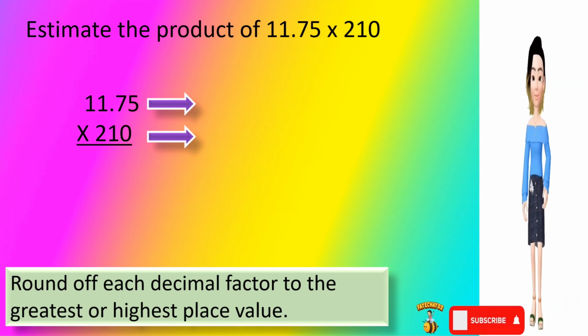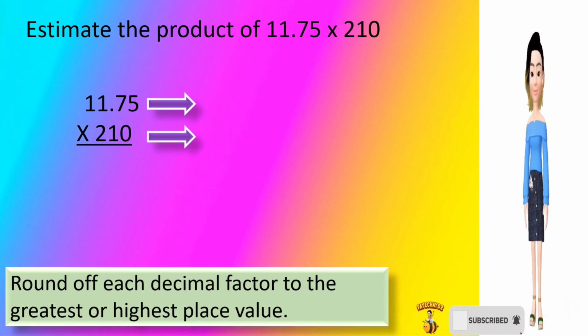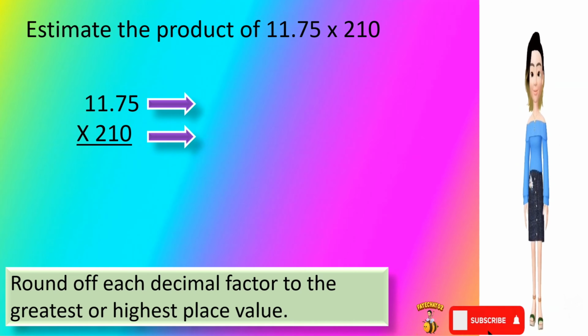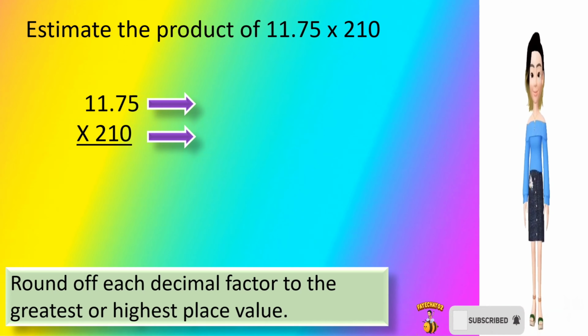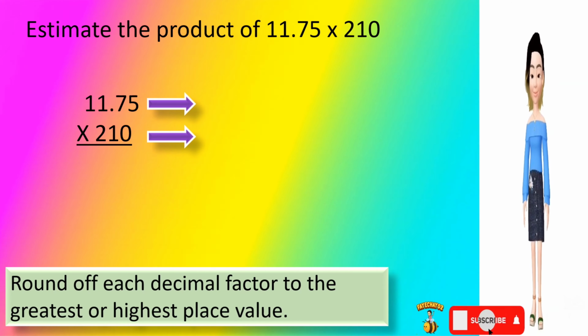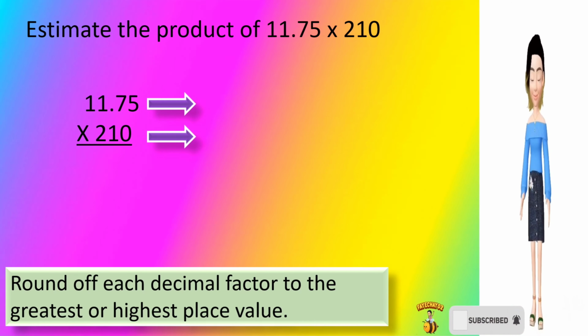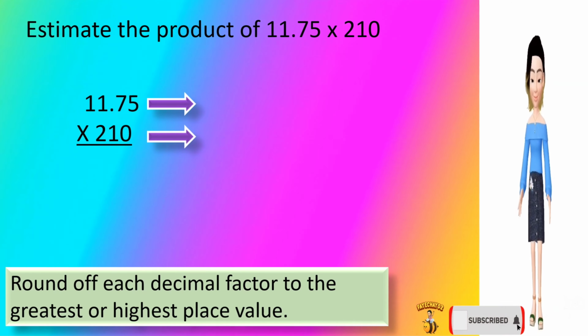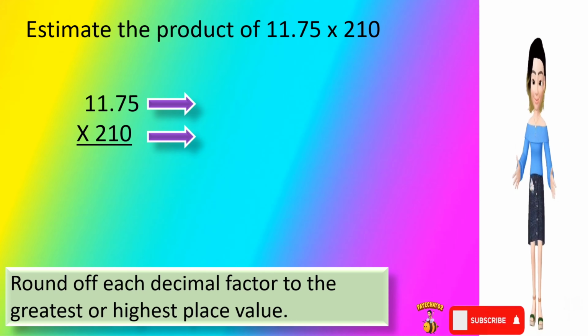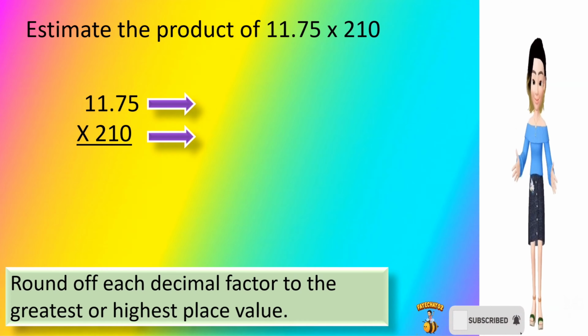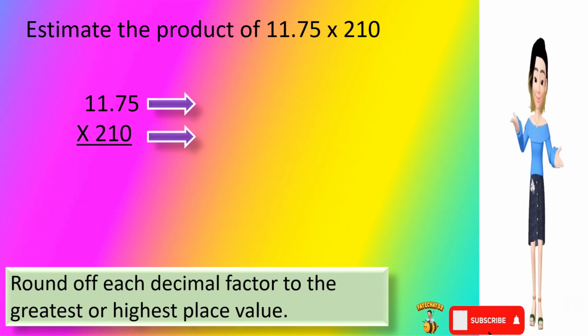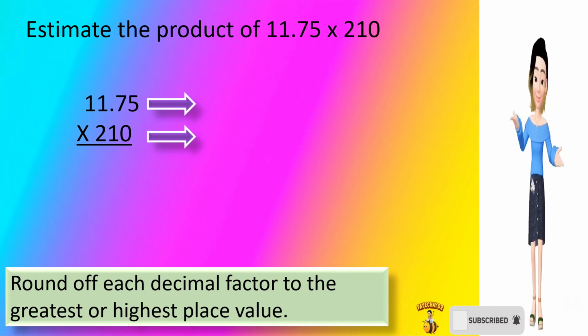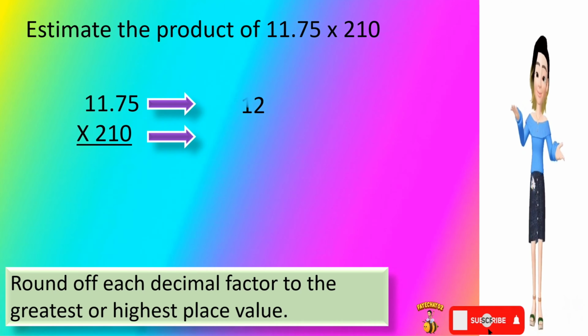So since 11.75 has decimal numbers, we will round off this number to the nearest whole number, and the nearest whole number is in the ones place. So if we're going to round off 11.75 to the nearest ones, the answer is 12.